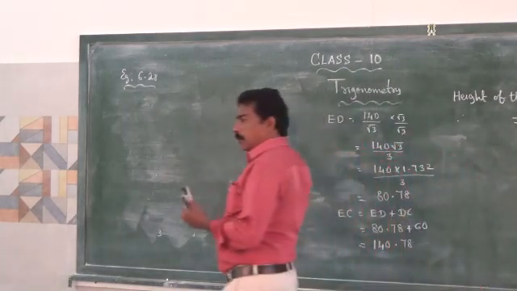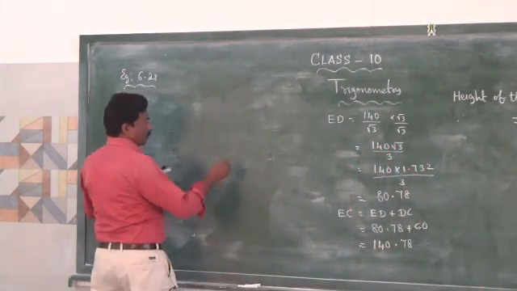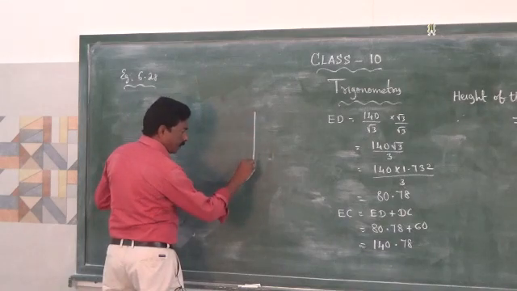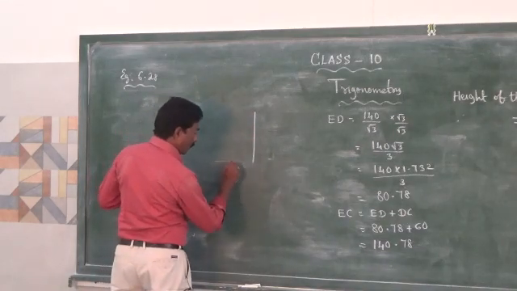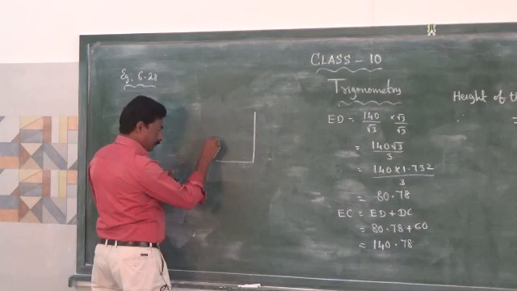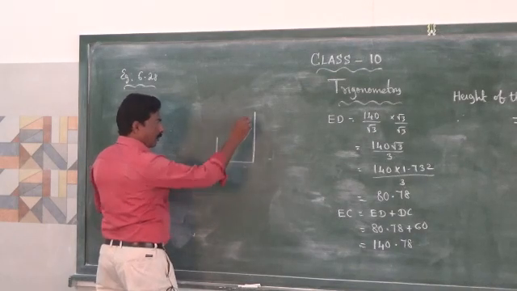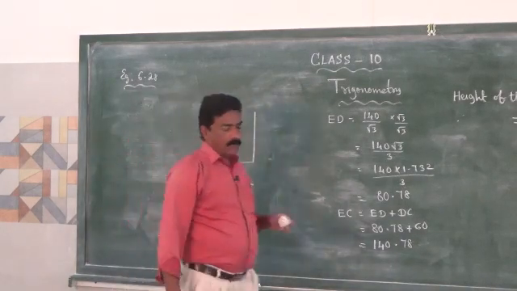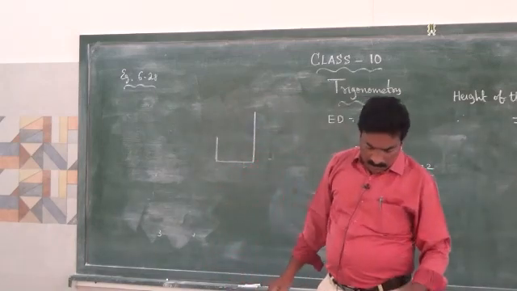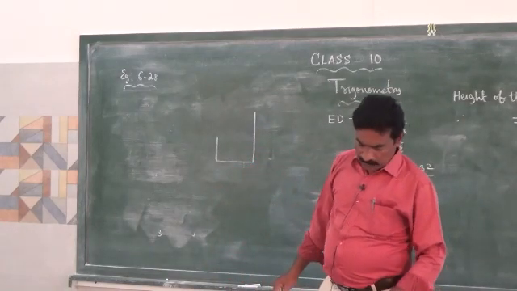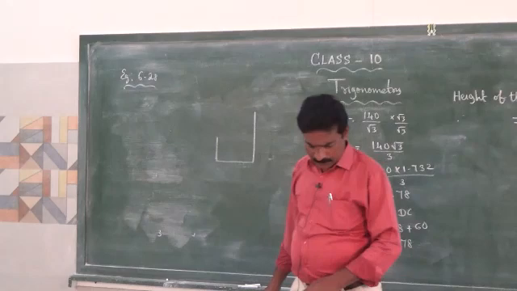So, tower and tree. From the top of a tower, the angle of depression of the top and bottom of a tree are observed to be 30 and 45.